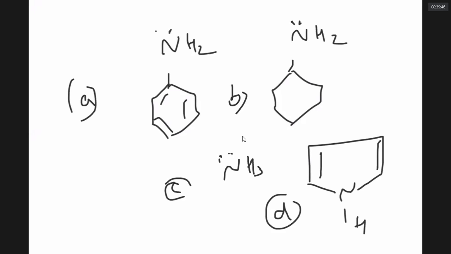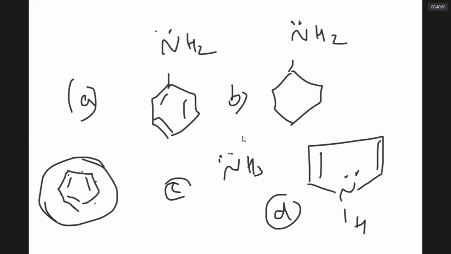Before you answer, I want to say one thing. Any cyclic system like benzene that has double bond, single bond, double bond, single bond, a cyclic system with alternate double bonds, can have resonance. Due to resonance, benzene gets extraordinary stability.